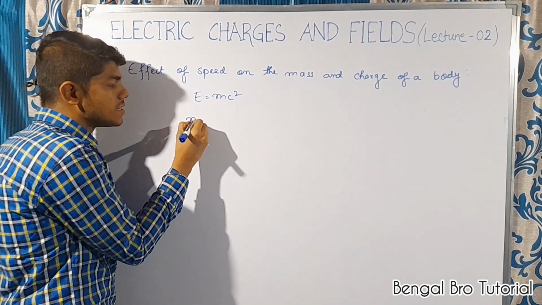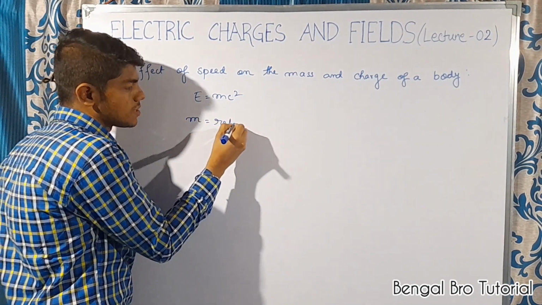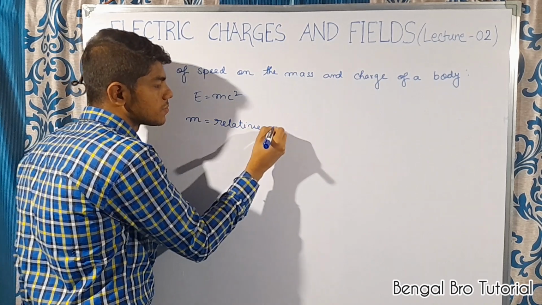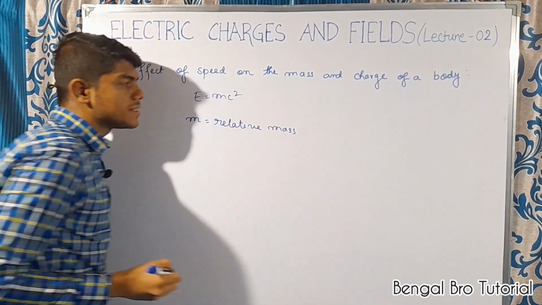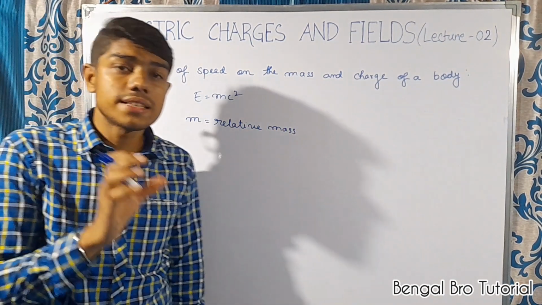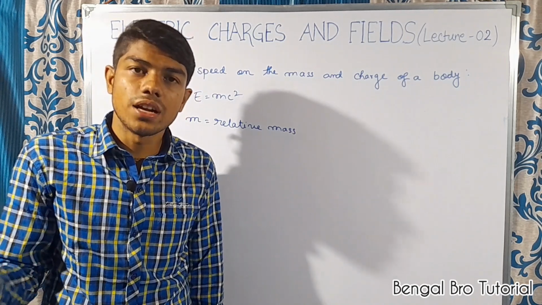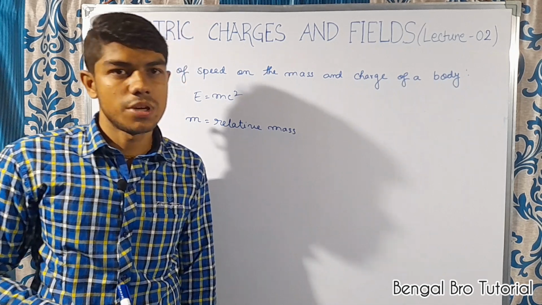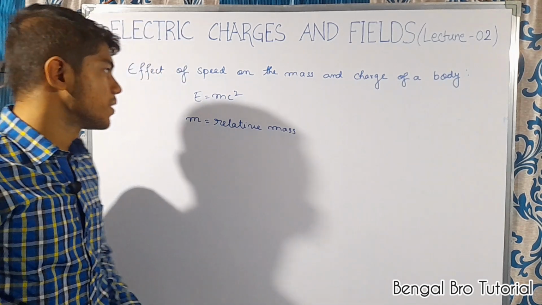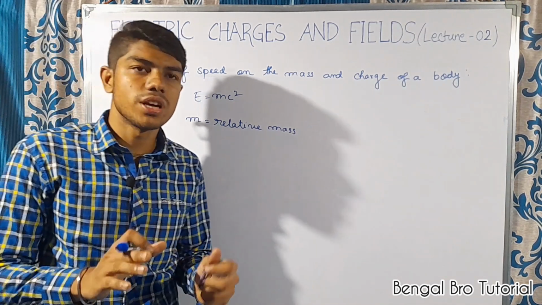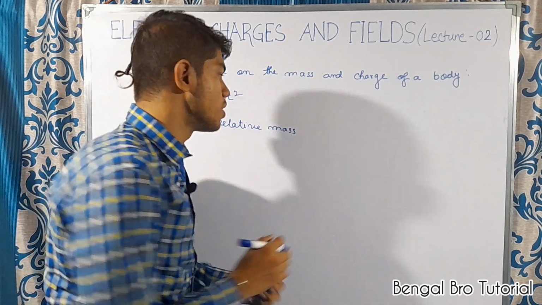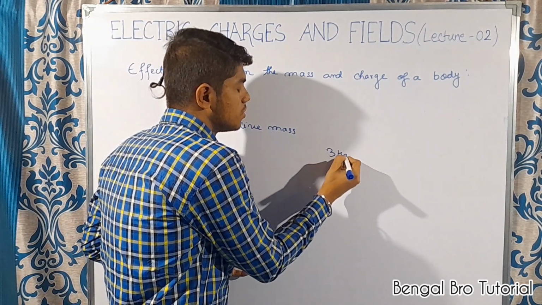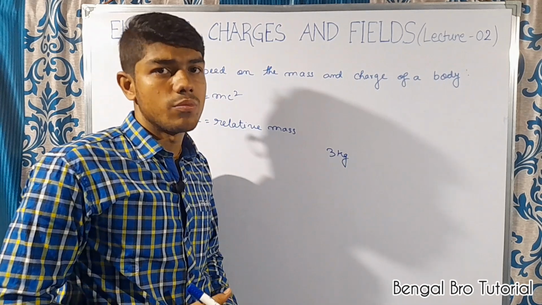Here m is the relative mass, which means mass can be converted into energy and energy can be converted into mass according to Einstein's special theory of relativity. Suppose you are measuring the mass of a body to be equal to 3 kg, mass of a moving body.